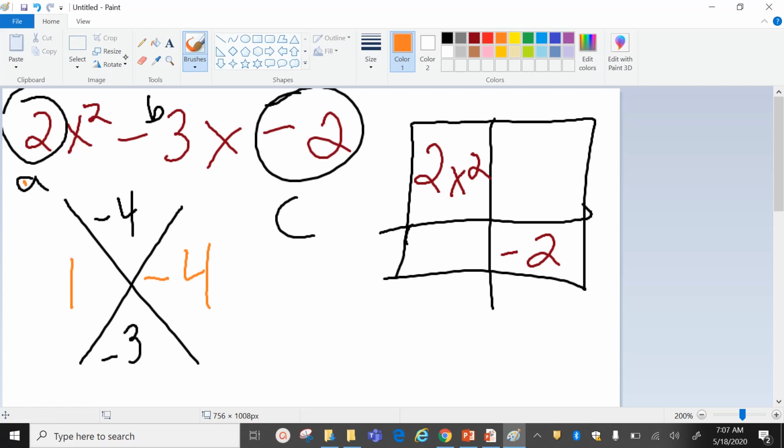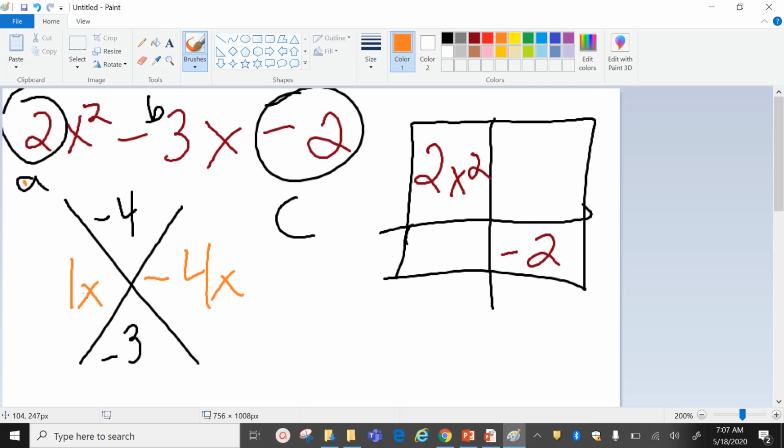But now it's very important that you put it in the right spot, right? So for example, I'm going to put x's here, because we're replacing negative 3x with 1x and negative 4x.